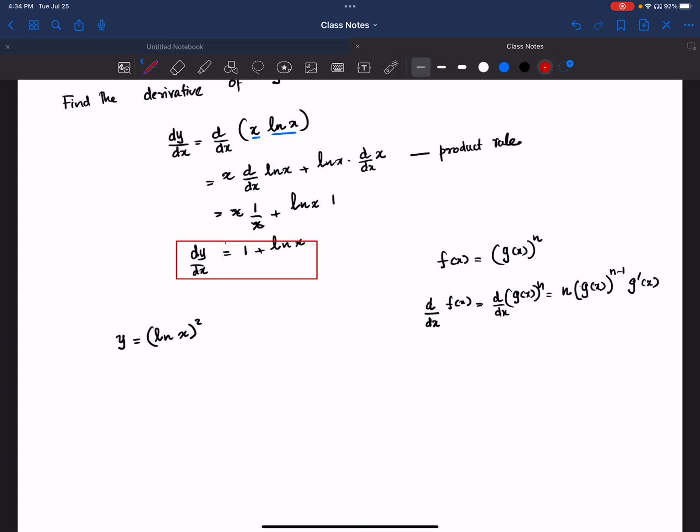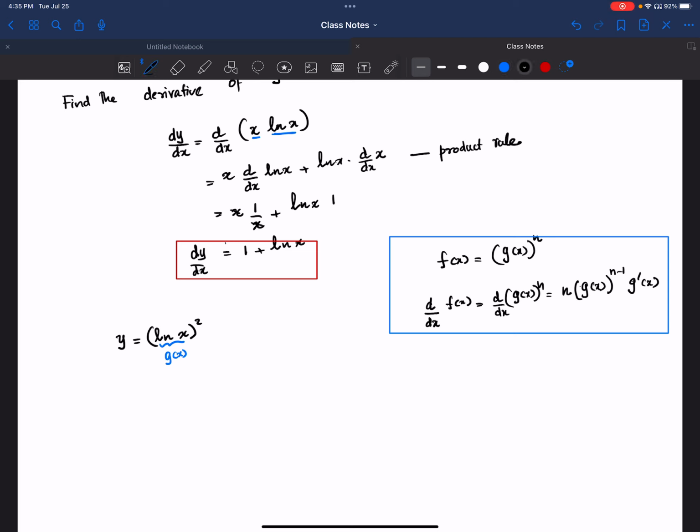So that's another relation that we have obtained in our calculus course. So you can probably use this here, because if you assume that this part right inside of the parenthesis is g of x, then this is g of x squared.